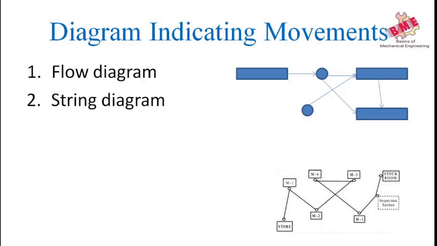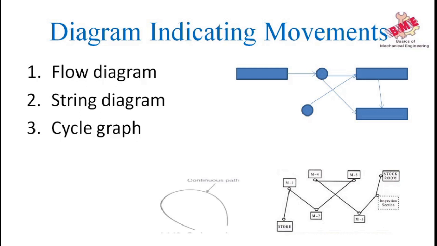Now we will see the cycle graph. It is the study of the path of movement of an operator's hands and fingers. To make a cycle graph, a small electric bulb is attached to the finger of an operator while he is performing the operation. By taking photographs, the space for one complete cycle is shot.